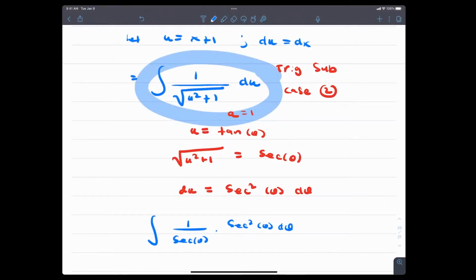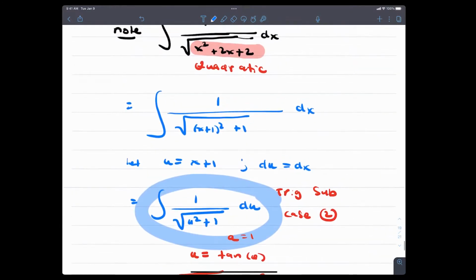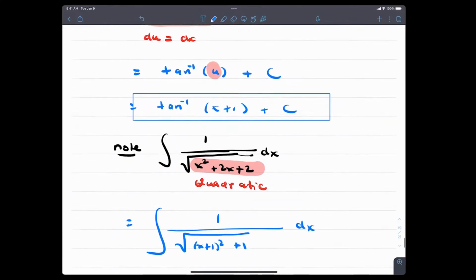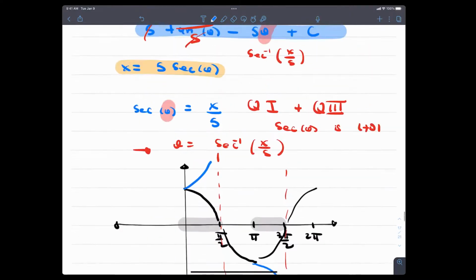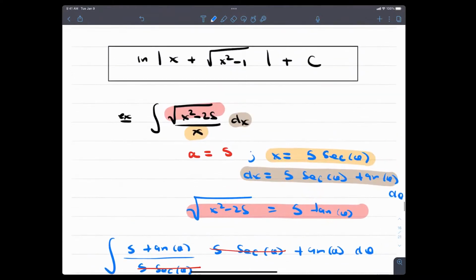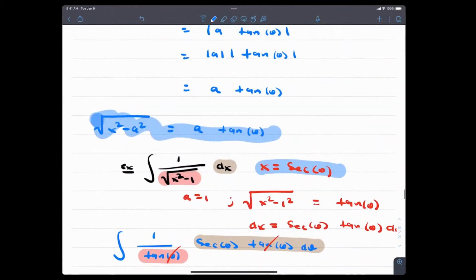So, okay, u is tangent. What's du? Secant squared. Double check. Is the radical okay? You sure? What's the radical in case 2? I'm going to have to deduce it all over again for case 2? I used to.